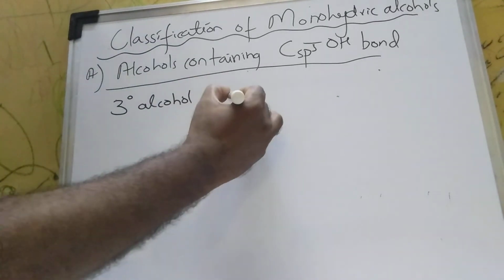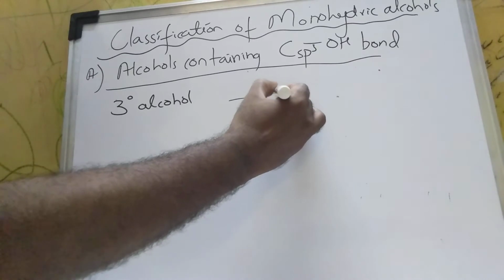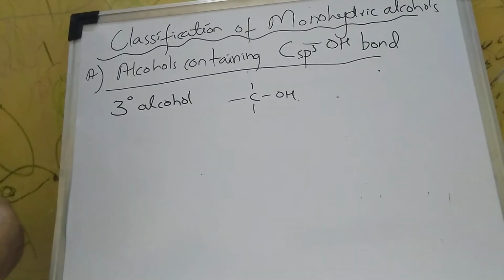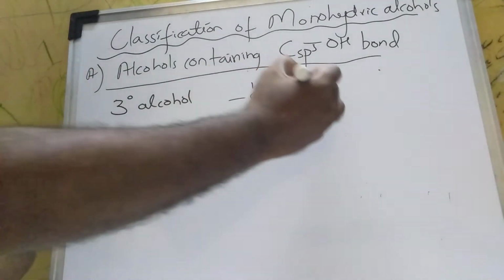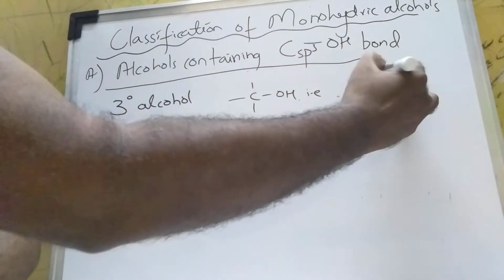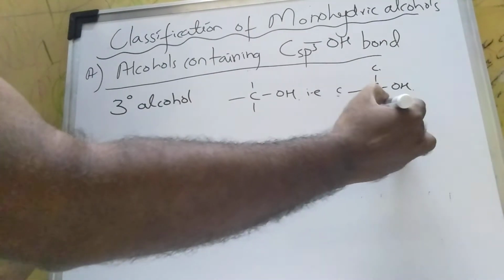Tertiary alcohol: the functional group includes a carbon attached to OH and these 3 valencies. There are no hydrogen atoms attached, but they are attached to 3 different carbon atoms.